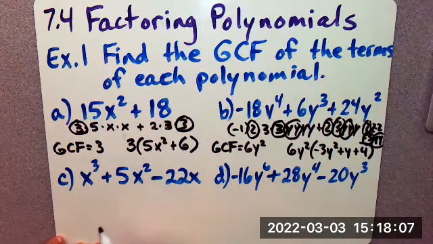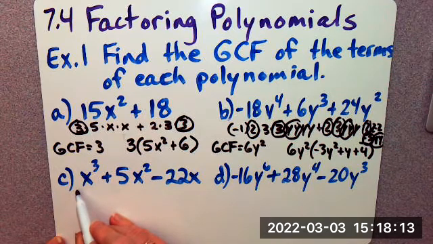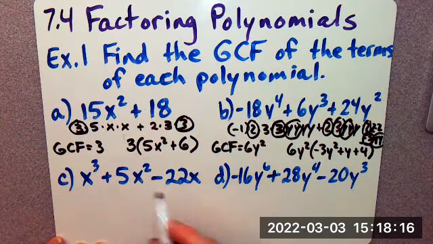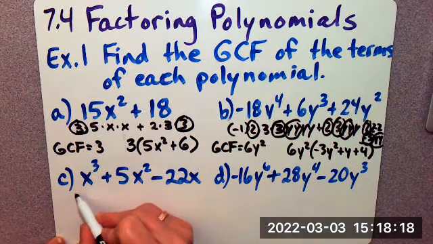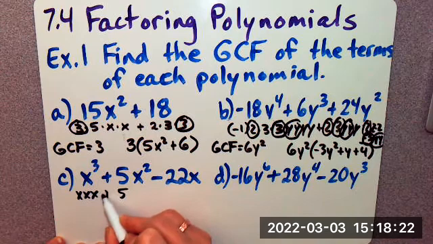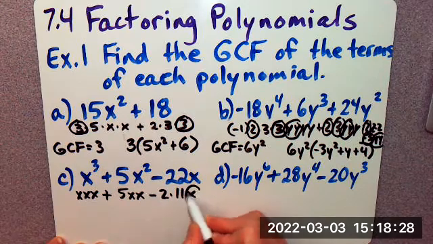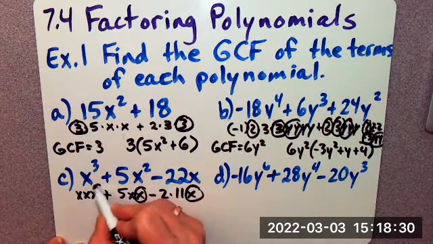All right, so we do the same thing here. We see there's no coefficient here, so we are not going to be taking out a number, but we do see that they all have an x. So we have x plus 5 times x minus 2 times 11x. So we can pull the x out.